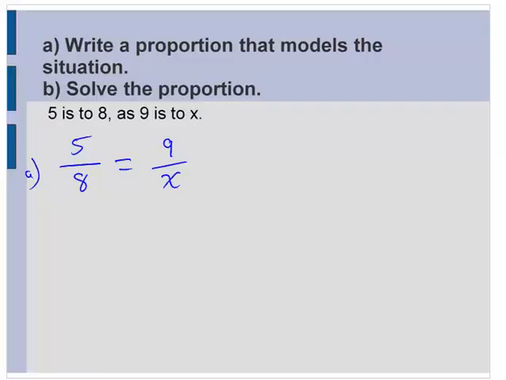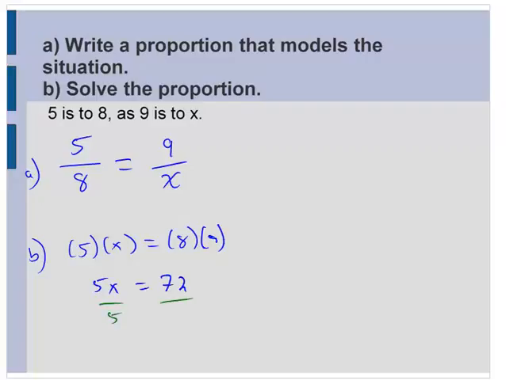So there's part A. Part B, solving the proportion. We'd have 5 times x equals 8 times 9, or 5x equals 72, and dividing through by 5, x is 72/5.